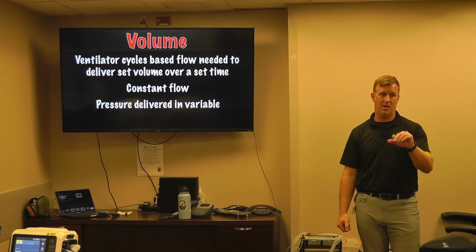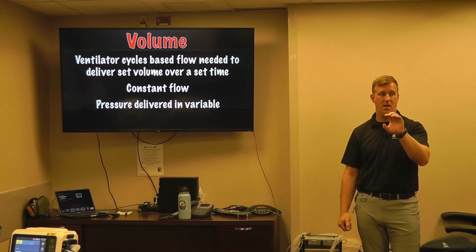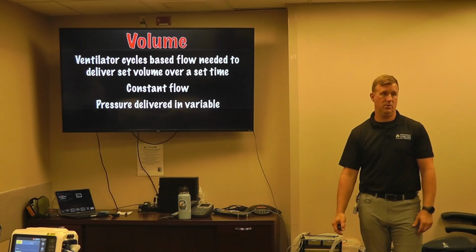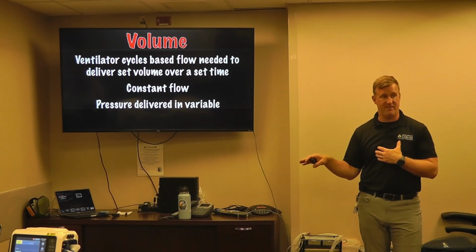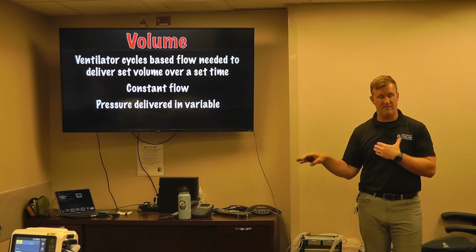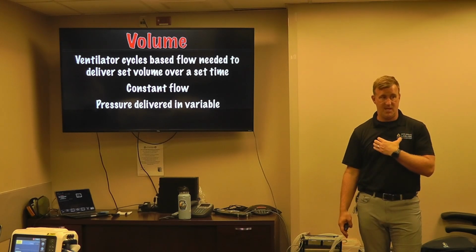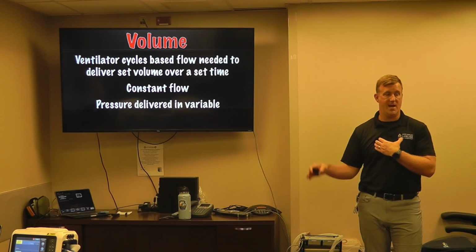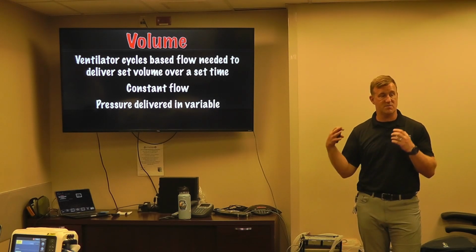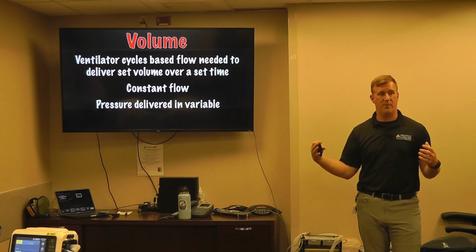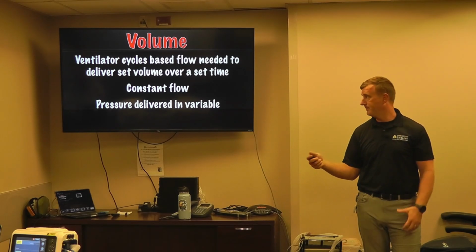So it turns flow on at X amount of flow needed to deliver that volume. And then our pressure is variable. Once again, you put me and my 5-year-old on the same volume settings. My peak inspiratory pressure is going to be 20 and his is going to be 55. Okay? Because his container is much smaller. So we're going to overpressurize his container. Everybody tracking on that? Okay.